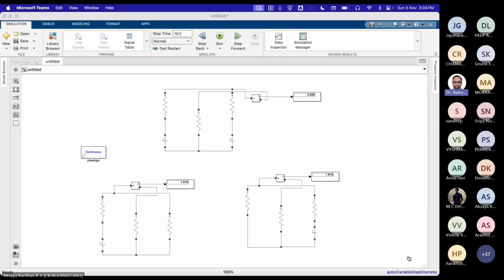Is there any doubts from your side regarding network theorems and any of the portions from the Thevenin, Norton, superposition, anything?